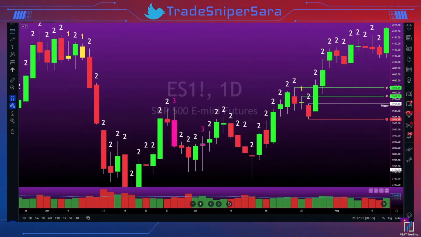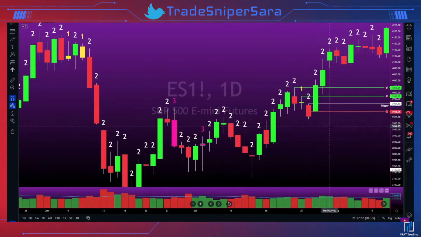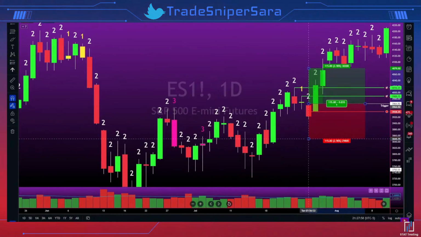So you could have also used a 50% stop, under 39.39. Let's measure the risk reward on this trade.